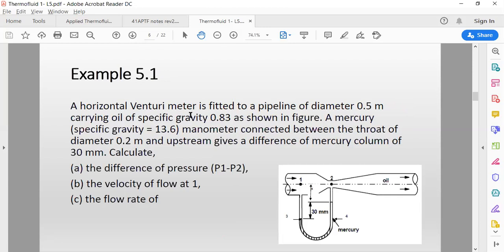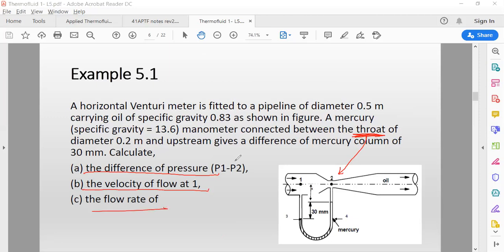Point number 2 here we call the throat. If you're wondering what this throat is, it is referring to point number 2. We are asked to calculate the difference of the pressure, then the velocity at 1, and the flow rate.